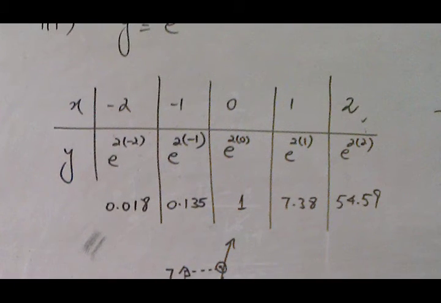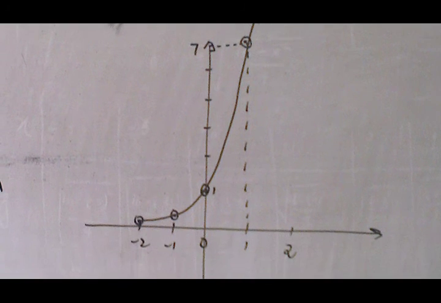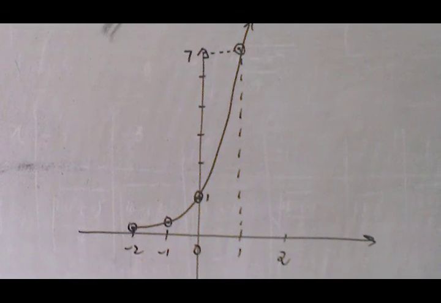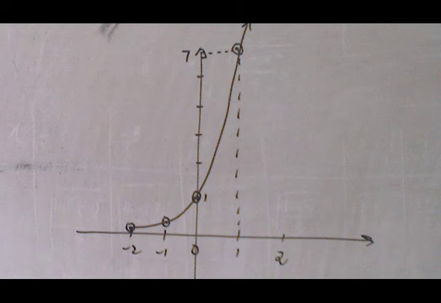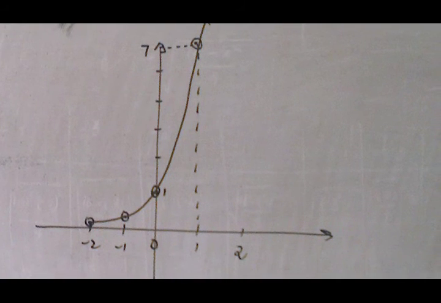From the calculator we solve these values. At minus 2 it is 0.018 and at 2 it is 54.59. Now always, if you have a constant with a variable power, the graph cuts the y-axis at 1, because at x equal to 0, y is 1.